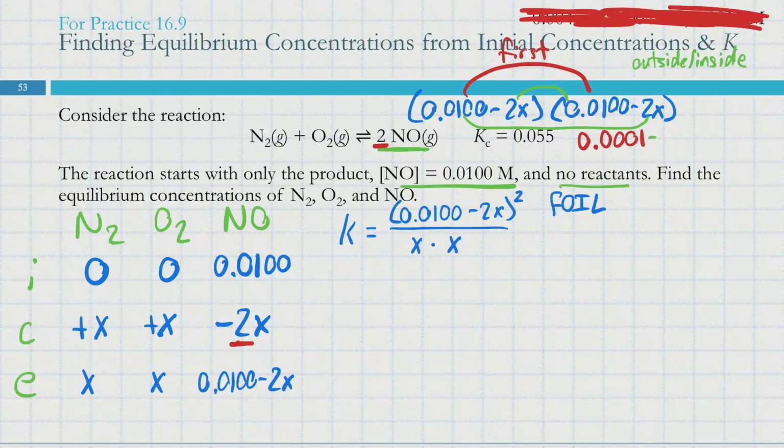So we're going to be negative 0.02x twice. And our last, purple might show up well. Yeah, purple shows up okay. So plus 4x squared.